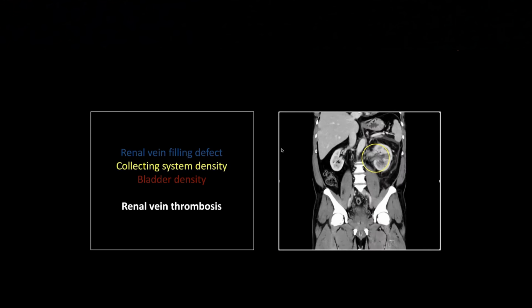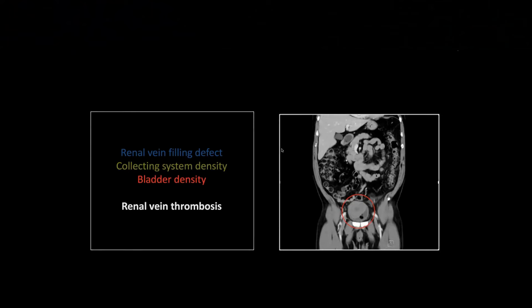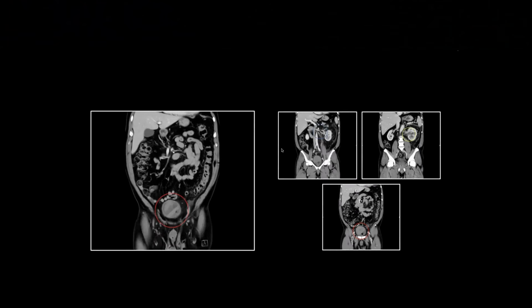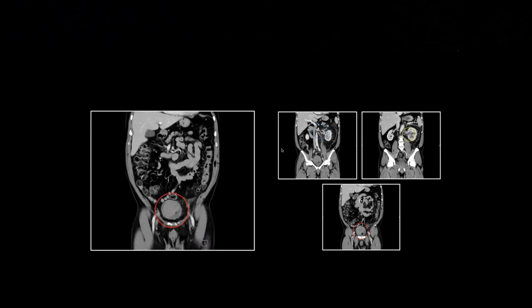And obviously, to me, that is the primary source of bleeding because the clot in the bladder is so impressive. So there's the bladder clot, and here is that incompletely obstructing left renal vein thrombus and the hematuria.